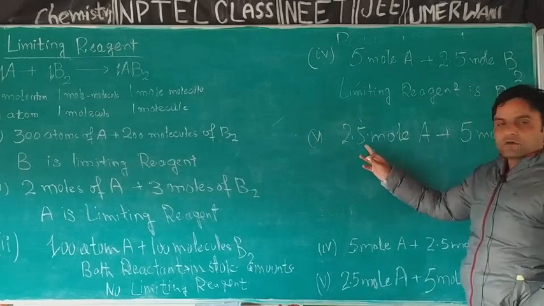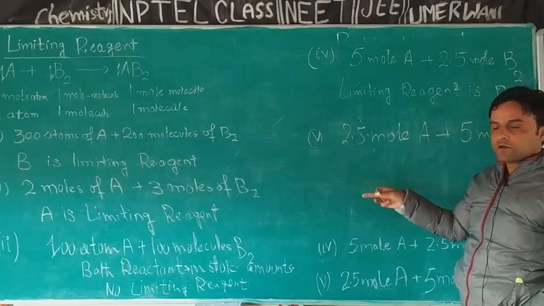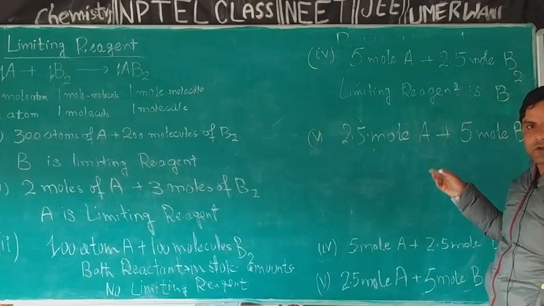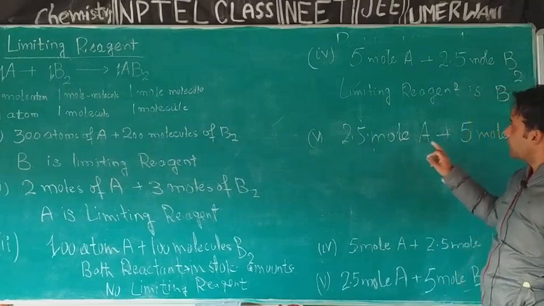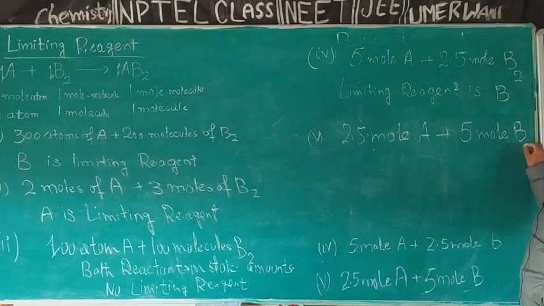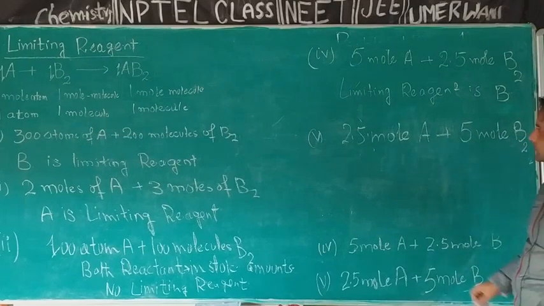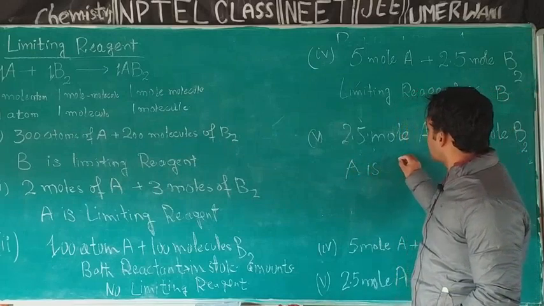The desired ratio, as you have in mind, is 1:1. For 1 mole of A we should have 1 mole of B2. That demands for 2.5 moles of A we should have 2.5 moles of B2, but the number of moles of B2 is 5, which is greater than 2.5. Therefore, B2 in this mixture is the excess reactant and A is the limiting reactant.